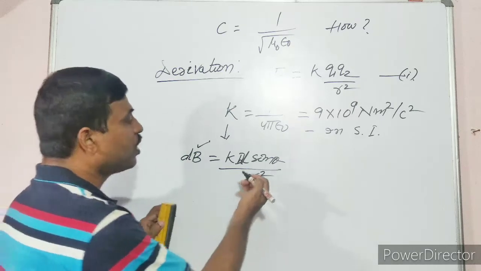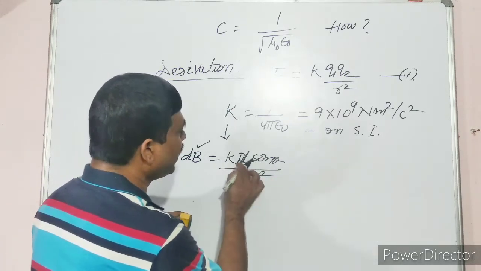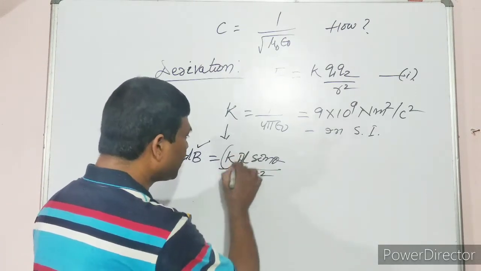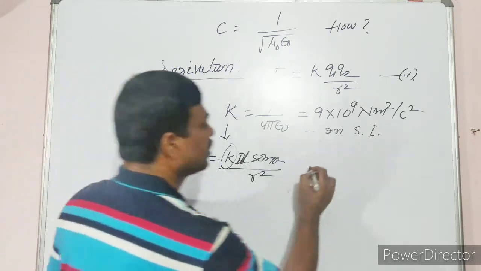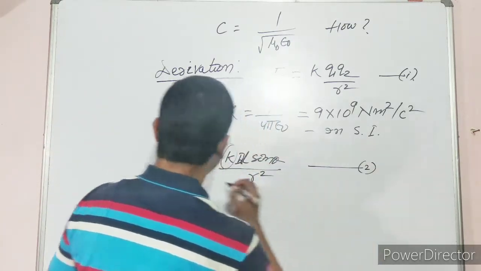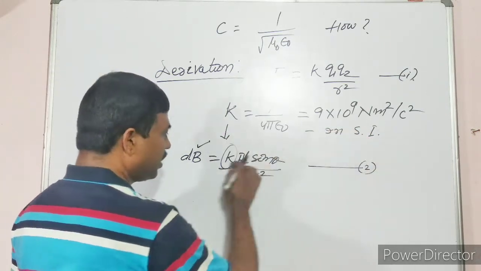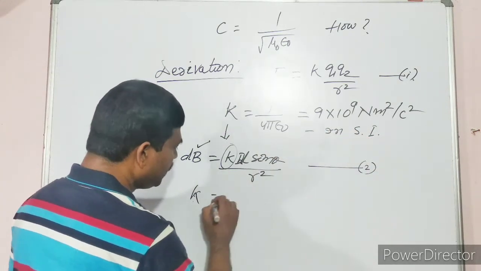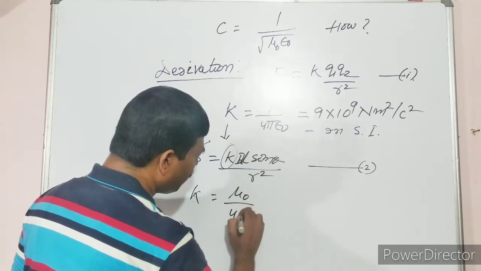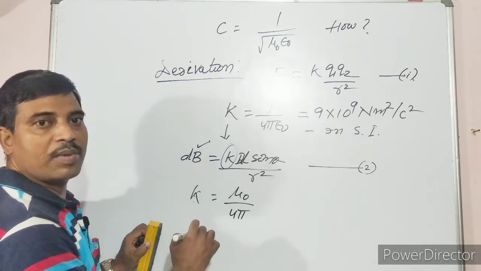We require the formula dB is equal to K I dl sin theta by R square. Here K is the constant of proportionality, equation 2, and K is mu naught by 4 pi.